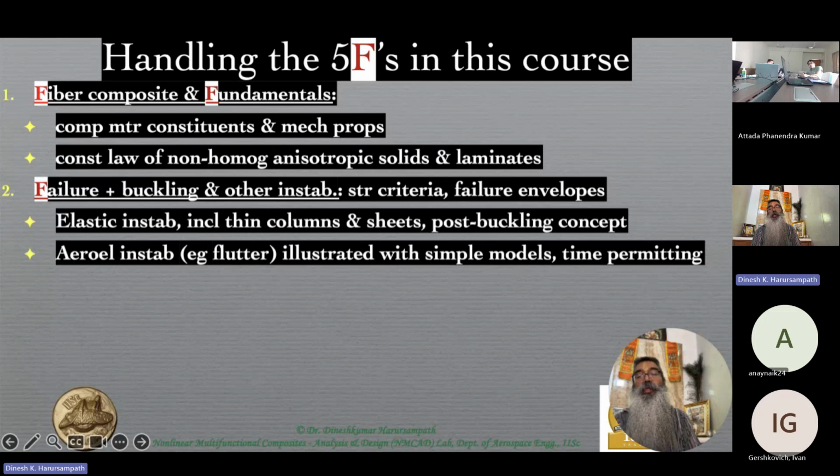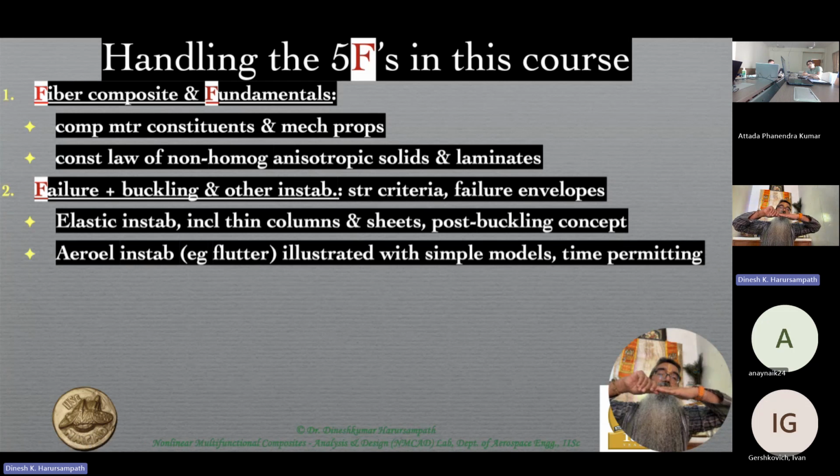We will also look at certain examples of failure envelopes, because if you're applying a load in only one particular direction, it might fail at a particular value of the load. Now, if you're simultaneously applying a load in this direction and a perpendicular direction, then it might fail at a load which is much smaller than the load at which it was failing when this load was not there, right?